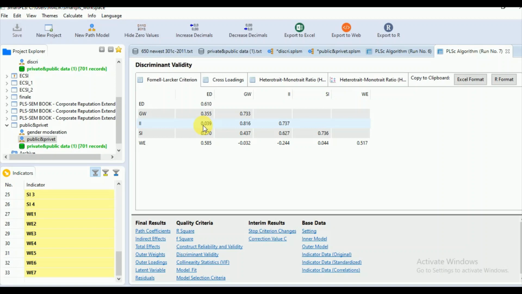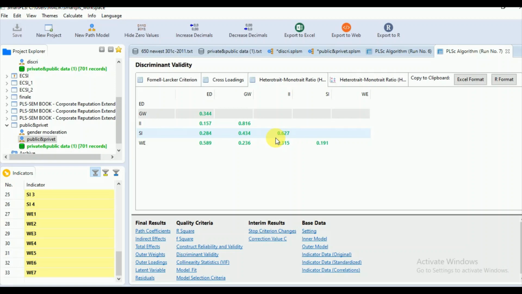As a replacement, Henseler et al. (2015) proposed HTMT, the heterotrait-monotrait ratio, which is defined as the mean of the item correlations across constructs relative to the mean of the average correlation for items measuring the same construct.